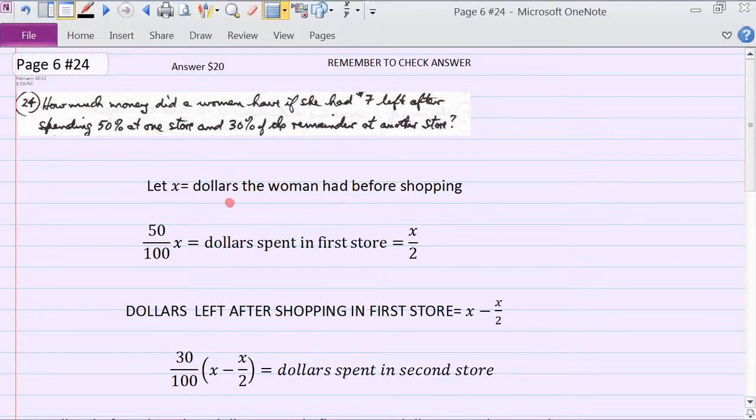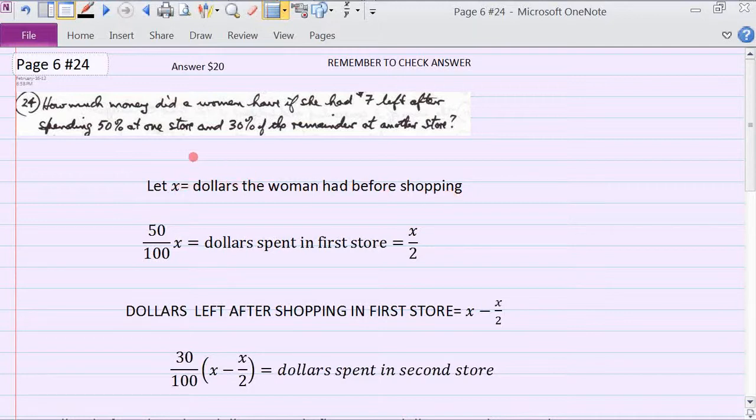So here we're going to say let X equal the dollars the woman had before shopping. Because that's really what the story asks.